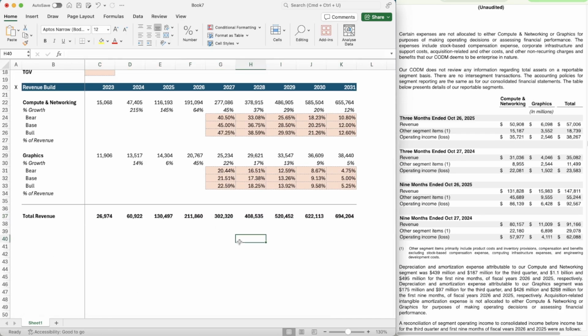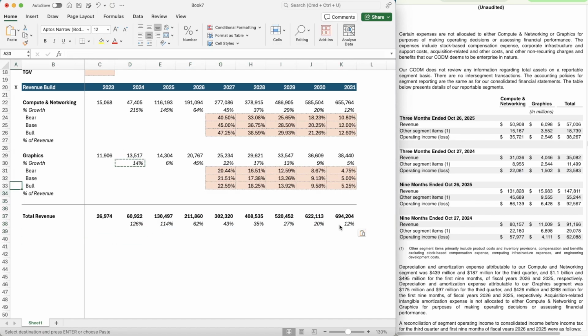So, I mean, this is incredible. We will be anticipating that Nvidia will start doing more than $500 billion worth of revenue quite soon at this growth rate.